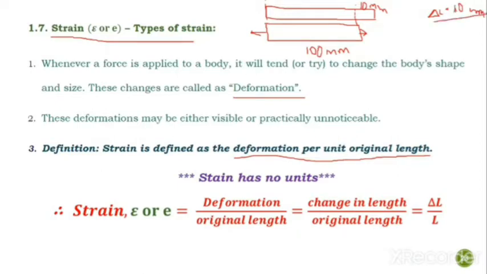But this 10 mm is the change in length for what? For 100 mm length of the bar. But what we are doing is trying to represent this change in length per unit length. If 10 mm is the change in length for 100 mm original length, what will be the change in length for 1 mm?